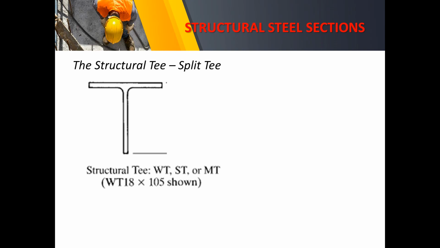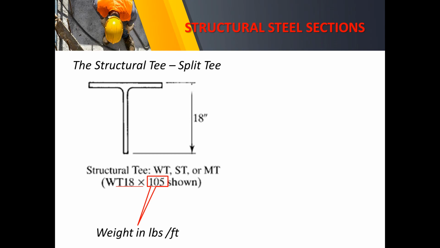While ST is like a split of the American S shape. Therefore, the parent of ST, or the parent structural T, is the American S. Likewise for the miscellaneous. Okay? So the same here, 105 refers to your weight in pounds per feet.